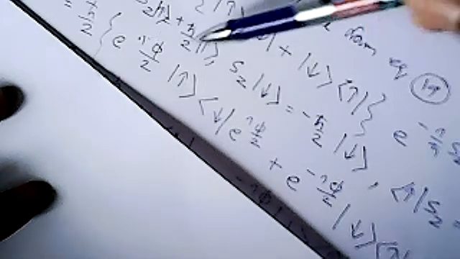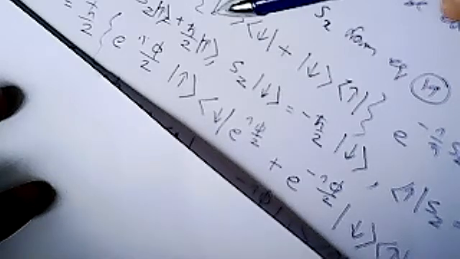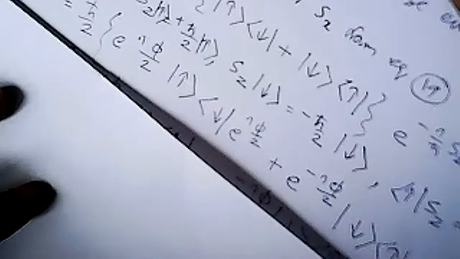So 1 does nothing. Then Sz acting on this one, you get h cross by 2. So h cross by 2 into this quantity, i by h cross into phi. So h cross cancels, you get i phi by 2.